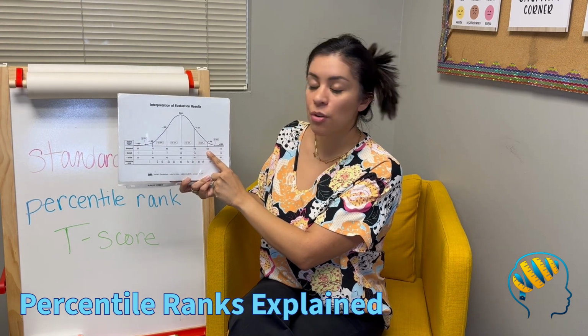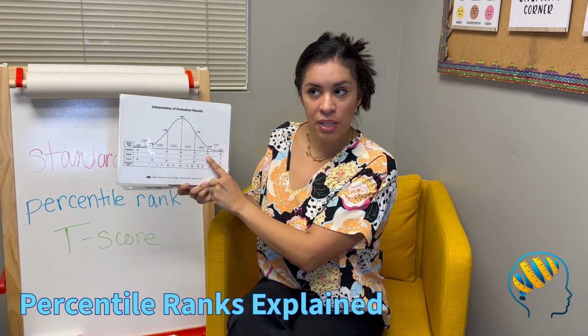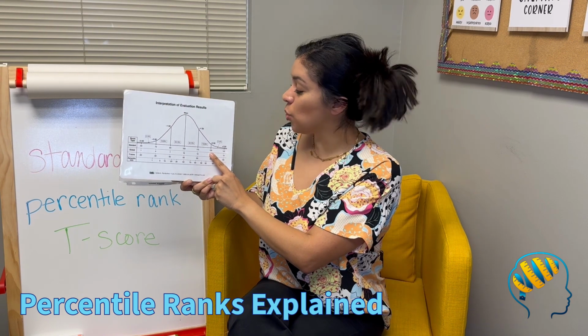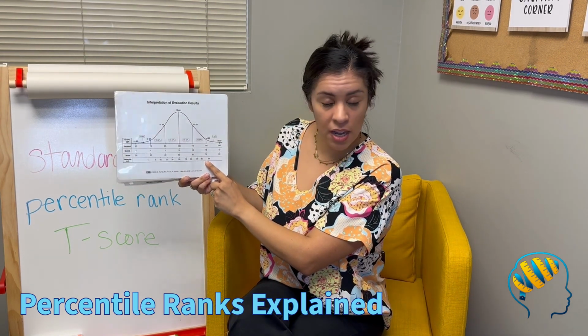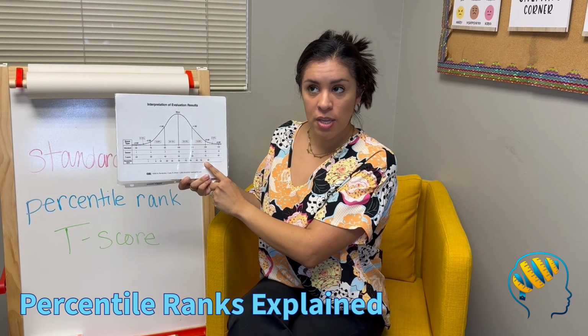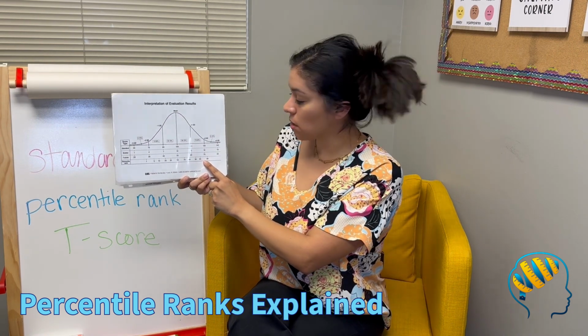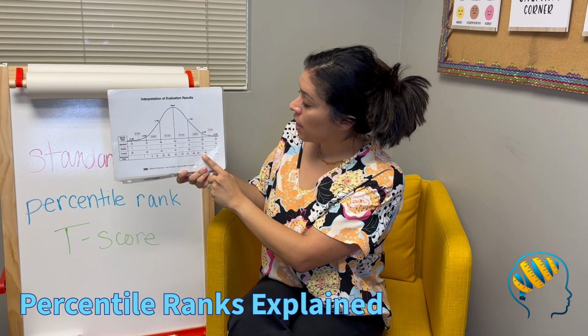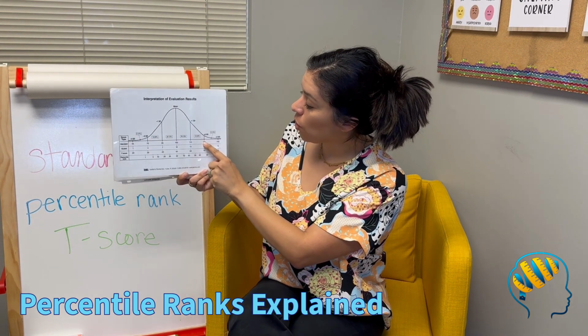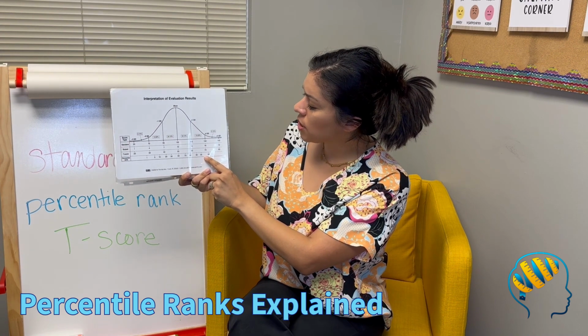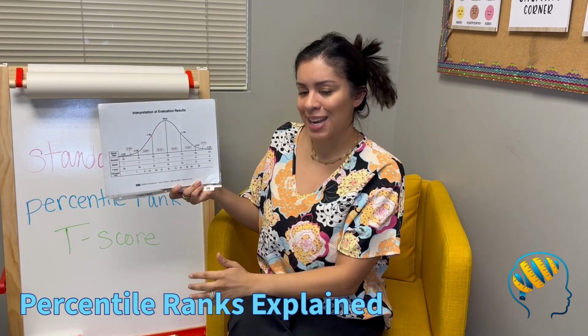A lot of parents will ask me, do a lot of kids qualify for that? My answer, going back to the research and statistics, is that a standard score of 130 corresponds to a percentile rank of approximately 98.